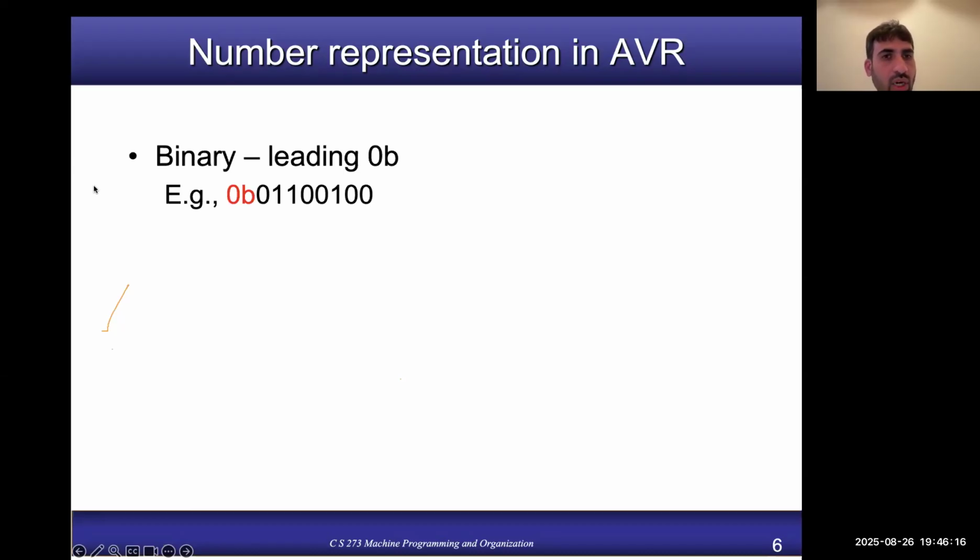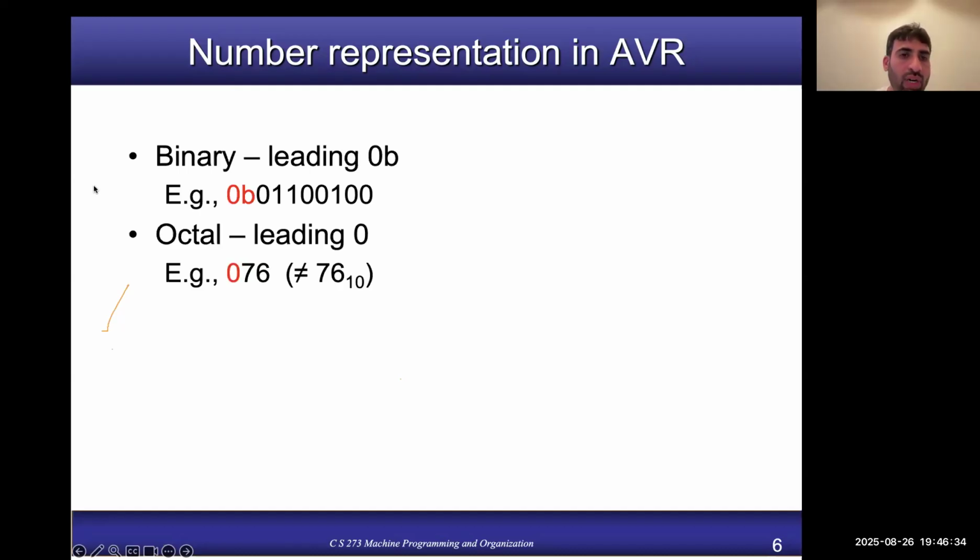We will talk about how we can convert from decimal to binary or to other systems. But for the time being, we just want to know how we can specify a number in the assembly program using different numbering systems, right? If you want to specify a number in the octal system, then you need to put a leading 0 in front of it.